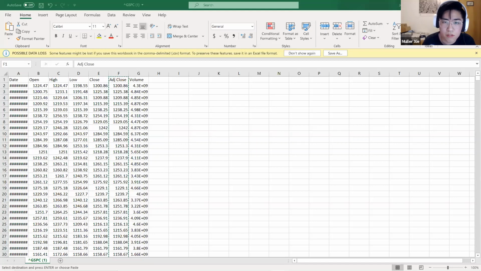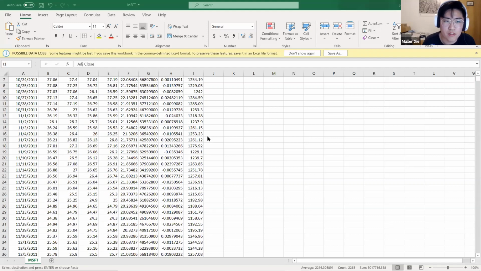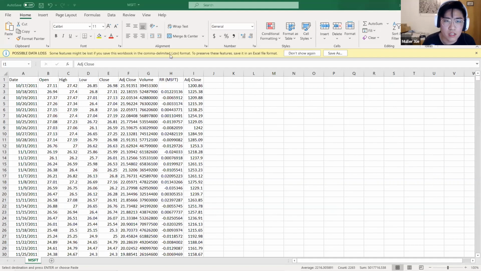I will just share it really quickly. Yeah, so I just copy pasted the close data of the S&P 500 next to the close data of Microsoft here.